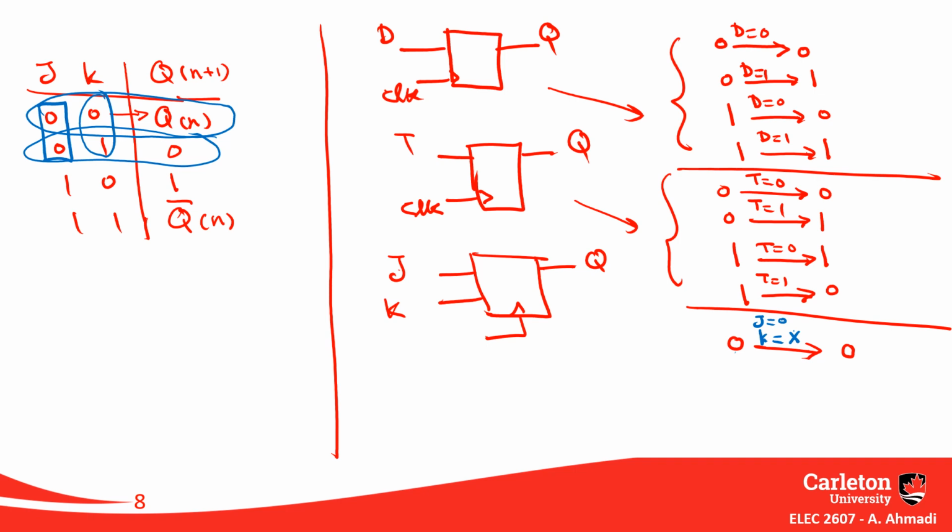I have a JK flip-flop. I know for sure that currently a 0 is saved on my JK flip-flop. The question is, what should I apply to the inputs to keep that 0, not to change that 0? Why am I doing this? Because in sequential circuit design, I have to think how to change states.